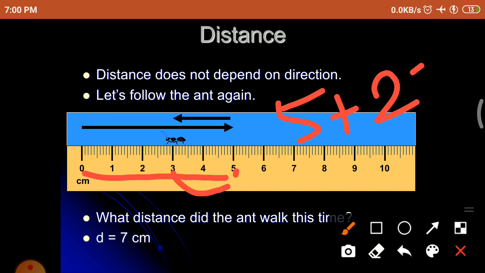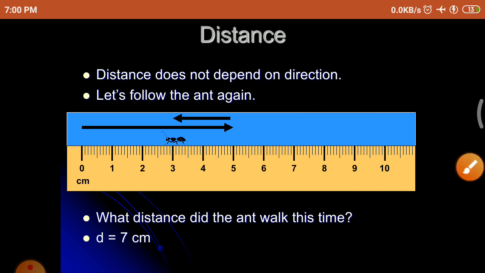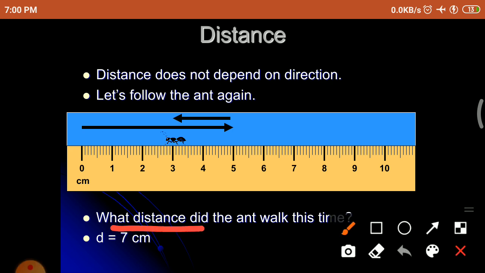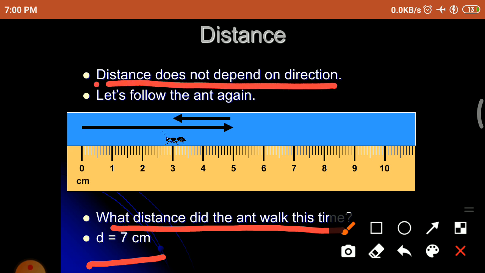So totally the ant traveled 7 centimeters. So it does not depend on the direction, because the ant travels in this direction, then again it changes its direction. So according to the direction, the distance value does not change.